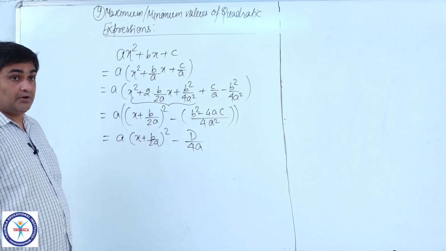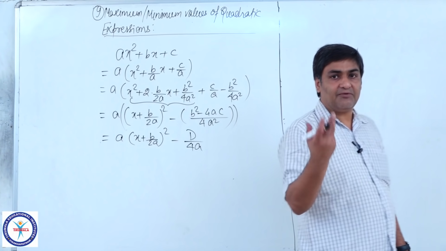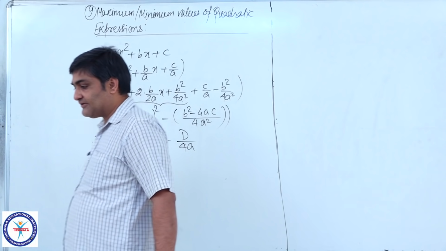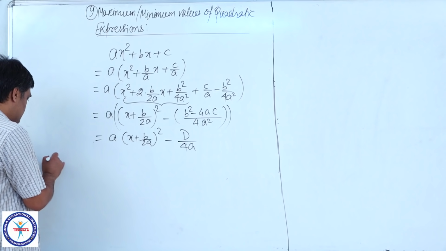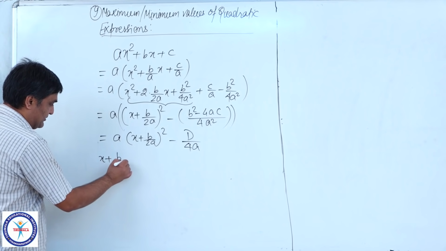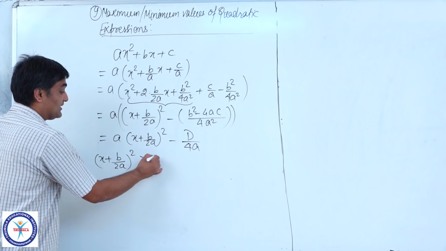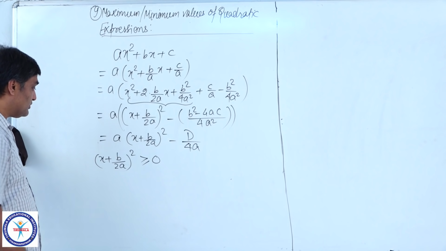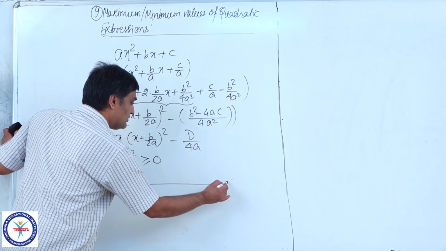Now, what is a? Positive or negative? So, we have two cases. X plus b by 2a whole square is greater than or equal to 0. Okay. Now, we will have two cases.